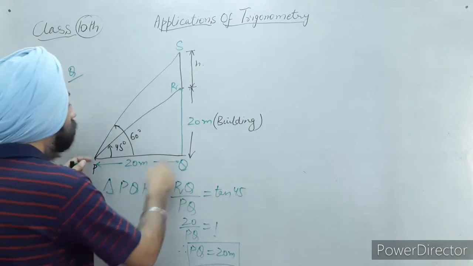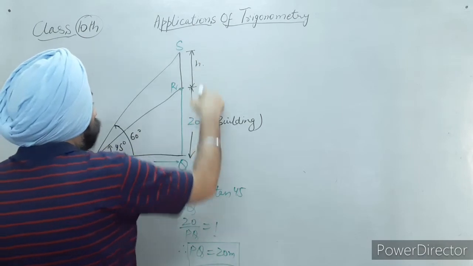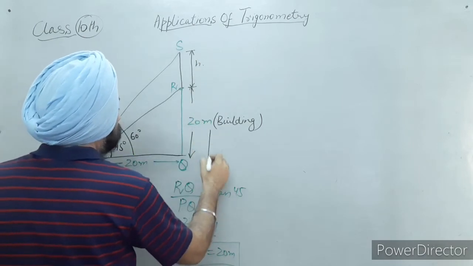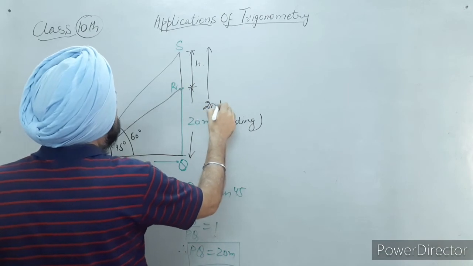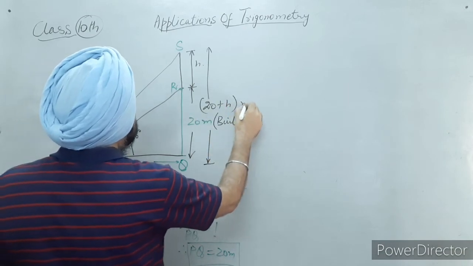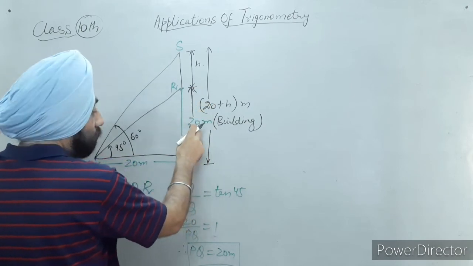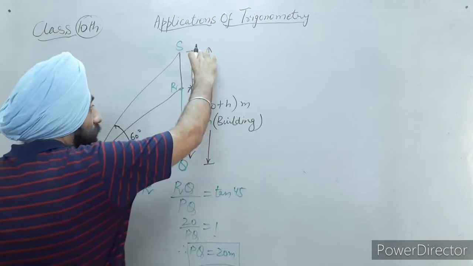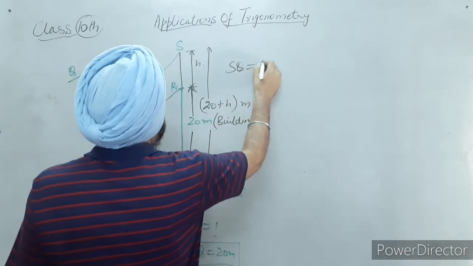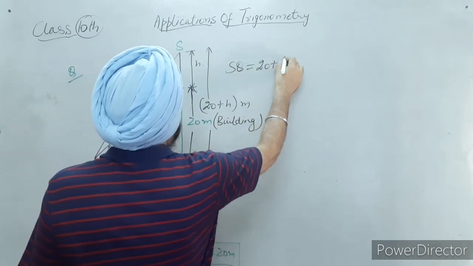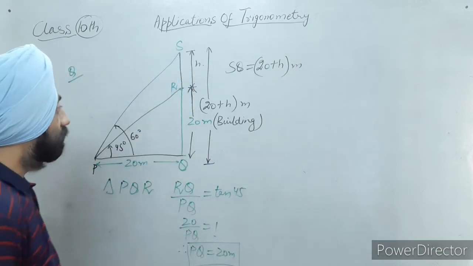I want to find H. Total will be 20 plus H meters. Up to this, it was 20 meters. This portion was H. The total SQ is 20 plus H meters. Now it becomes very easy.